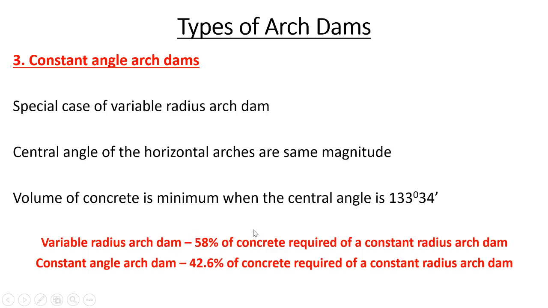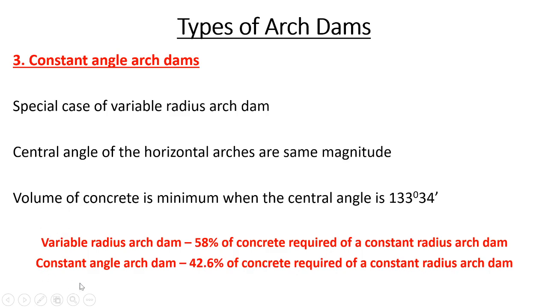Now it's a comparison between variable radius arch dam and constant angle arch dam. This is a comparison based on the amount of concrete used for the construction of variable radius arch dam and constant angle arch dam. For the construction of a variable radius arch dam, 58% of concrete is required, that for a constant radius arch dam, while in case of a constant angle arch dam, only 42.6% of concrete is required, that used for the construction of a constant radius arch dam.